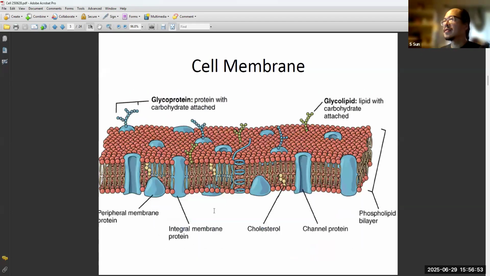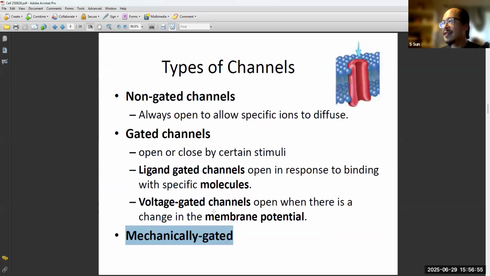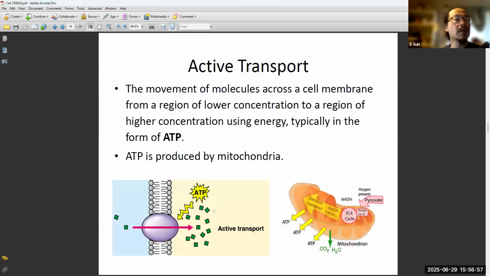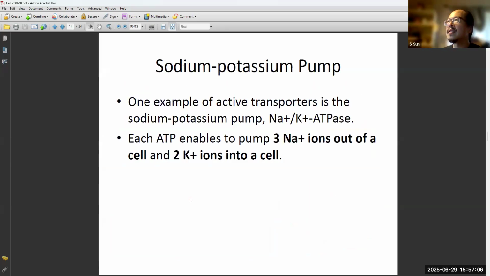All right. So we are only talking about one type of active transport. There are many, but we will only focus on one, which is the sodium potassium pump. This is the only pump that you need to remember in this lecture.